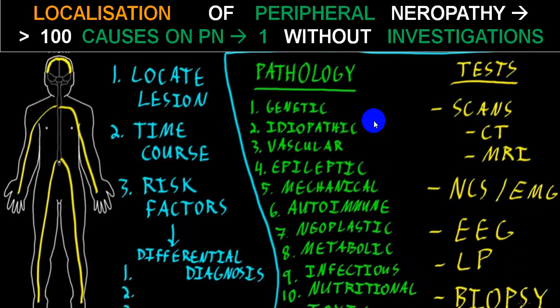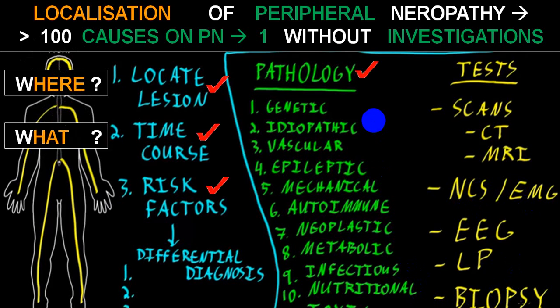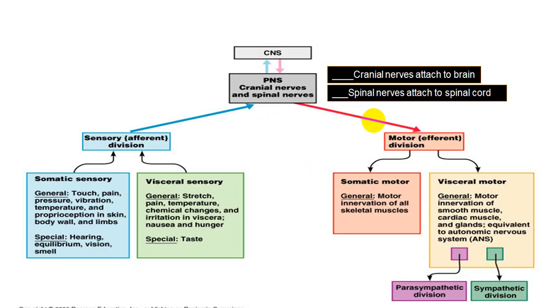So we'll try to make it as simple as possible. So where is the lesion? If you want to identify what is the type of damage and why, that is etiology. We'll try to go through that.